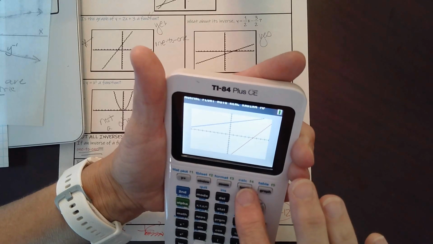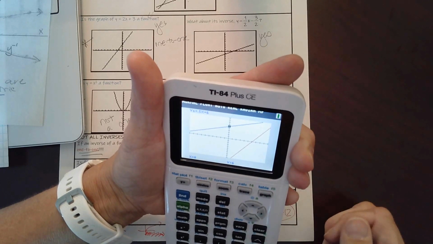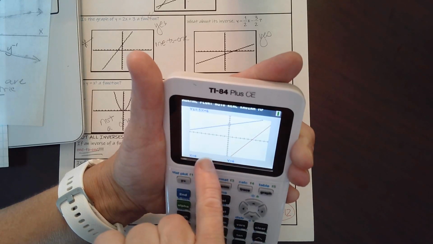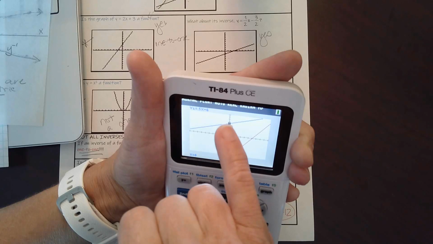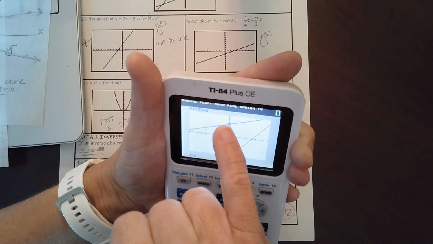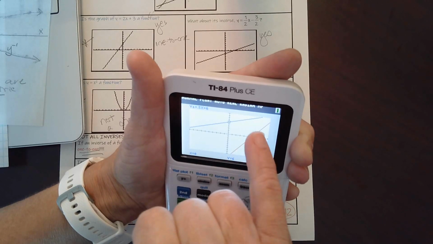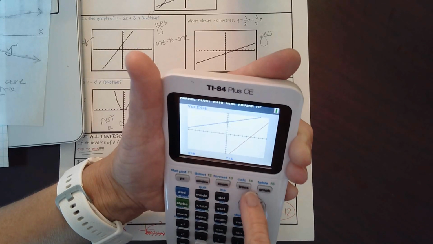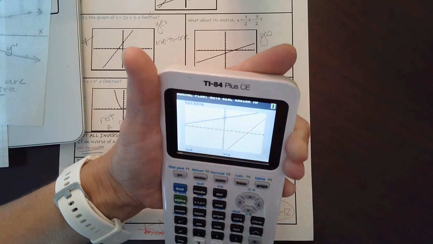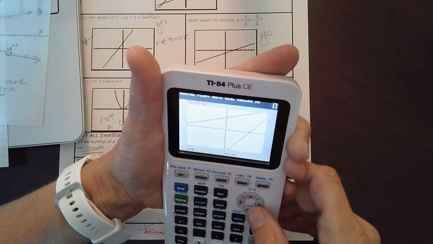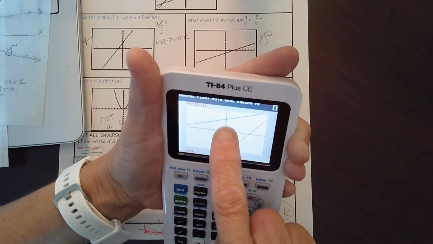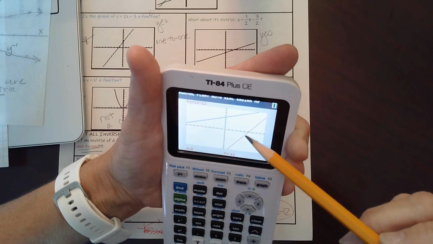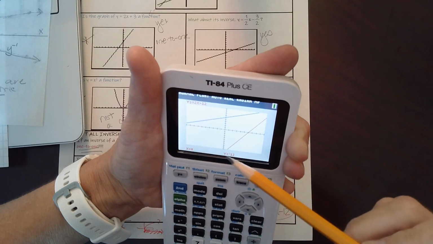If I press trace right here, notice that I get the cursor on 0, 6. If (0, 6) is on this graph, what should be on its inverse? (6, 0). So if I use my down arrow key, notice that my cursor is now on the second graph, which is red, and you can see that it's at 0, -12.